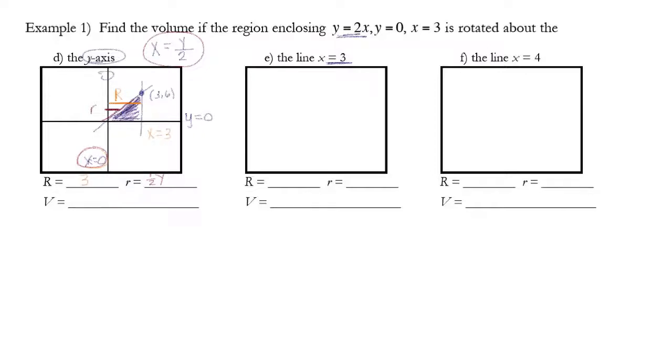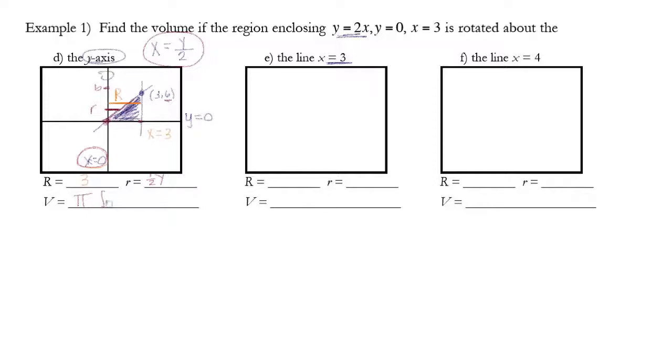Now we're ready to write our volume, which is going to be pi. Our limits of integration have changed because now we're going about the y-axis, so instead of going from 0 out to 3, we're actually going from 0 up to 6. So we're using the y-coordinate now.